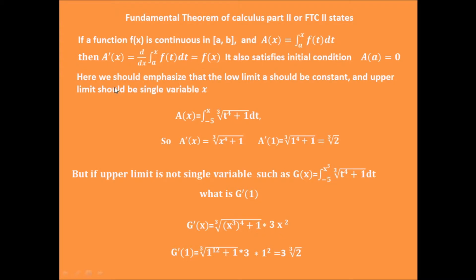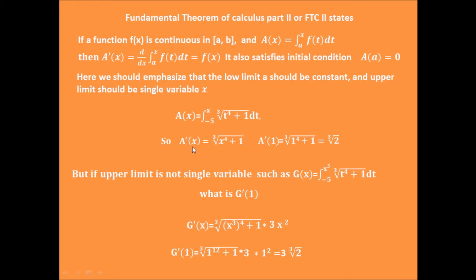Here we should emphasize that the lower limit a should be a constant and the upper limit x should be a single variable. For example, A(x) equals the integral from minus 5 to x of (t to the power of 4 plus 1) to the power of 1/3.